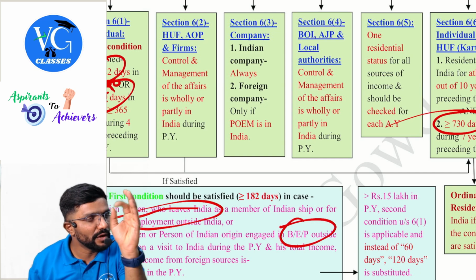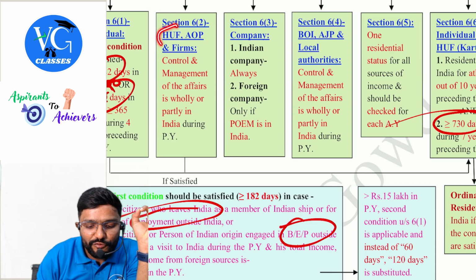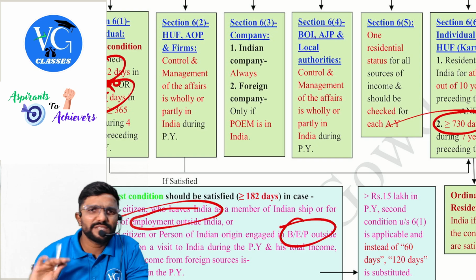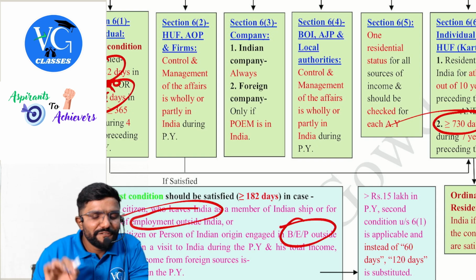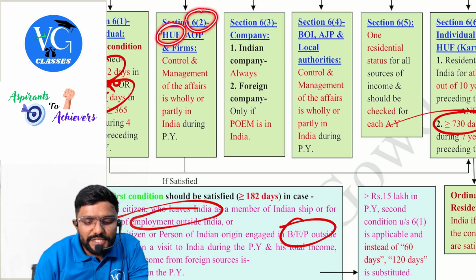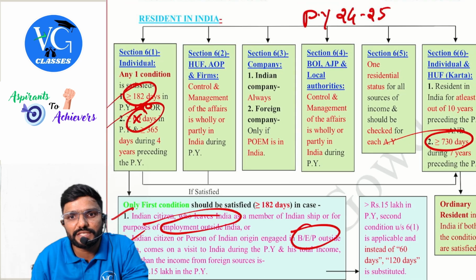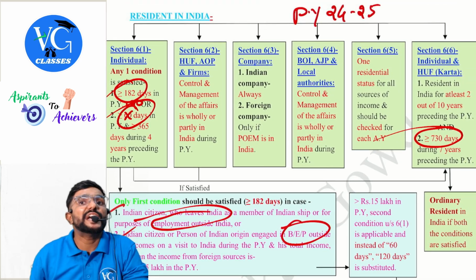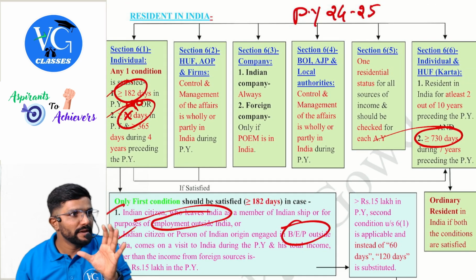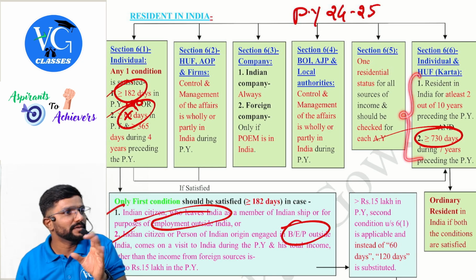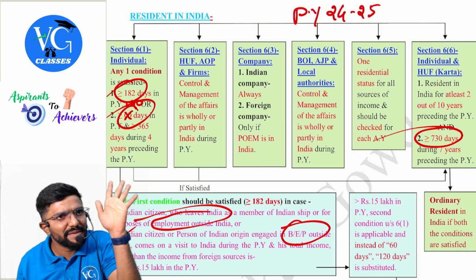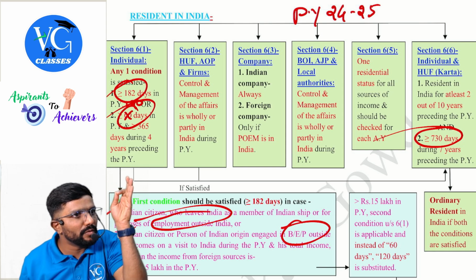Completely outside India. Now listen. Only for HUF we have an additional condition, whereas for others there is no additional condition. If HUF becomes resident as per section 6 subsection 2, we have to go to section 6 subsection 6 to see whether they are ordinary or not ordinary. The conditions remain the same. But who should satisfy them now?